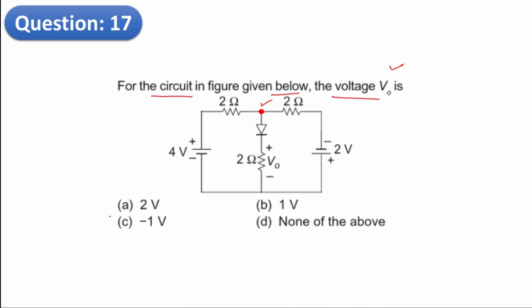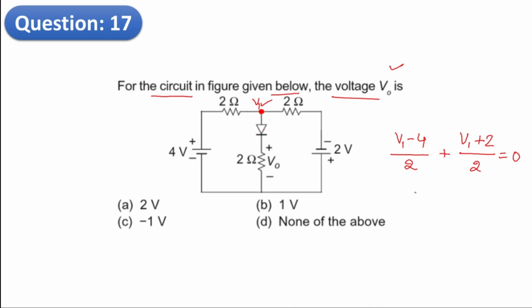So we can do it this way. This potential is VO, suppose this is V1. So (V1 minus 4) divided by 2 plus (V1 plus 2) divided by 2, because this is a negative sign so we require positive here, and this is equal to 0.